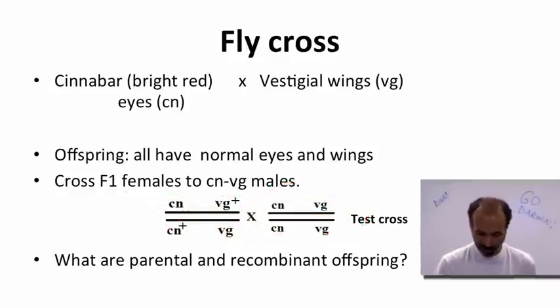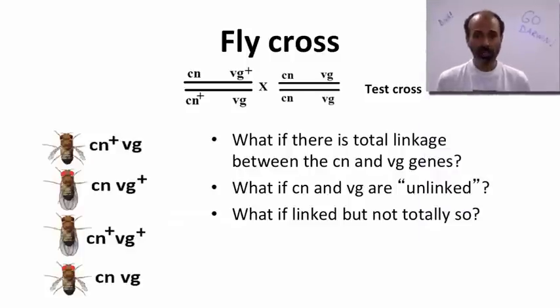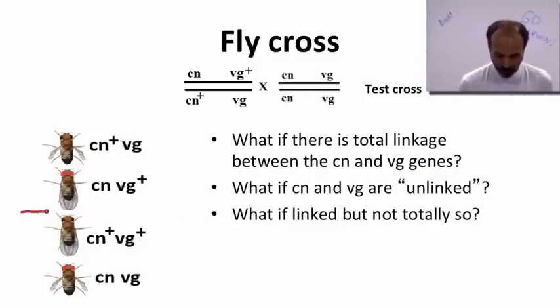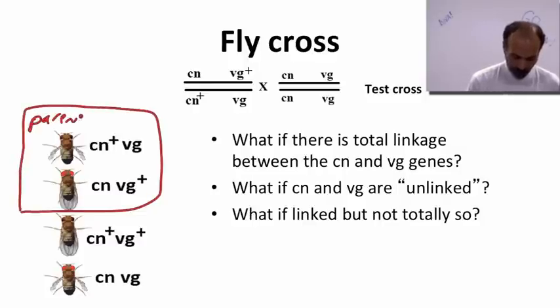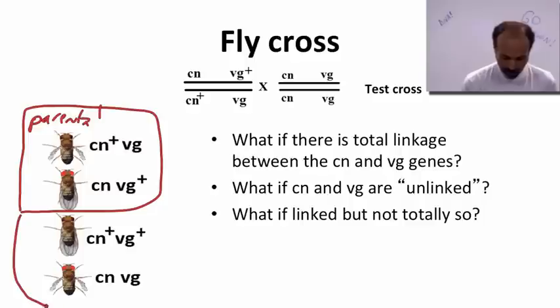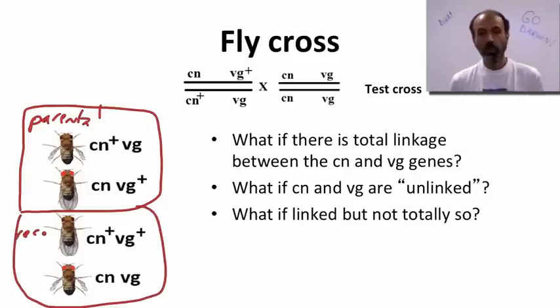So let's look at these. Here are all four possibilities. These top two depict what would happen in the context of just getting parental types. The bottom two depict the recombinant form. So what if there was total linkage? What if the CN and VG genes were right next to each other?